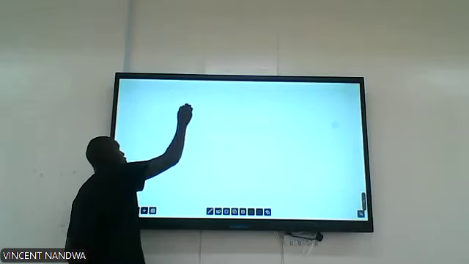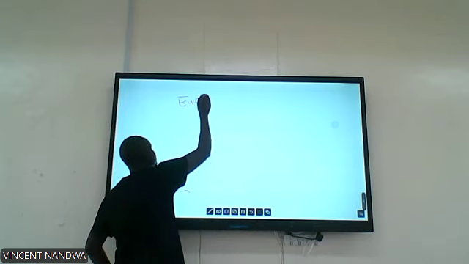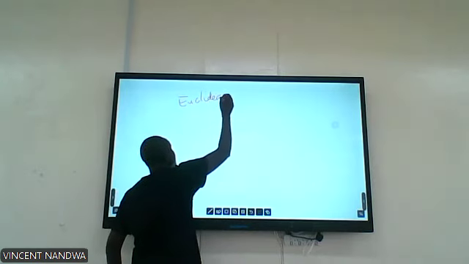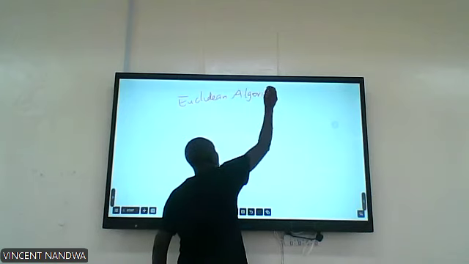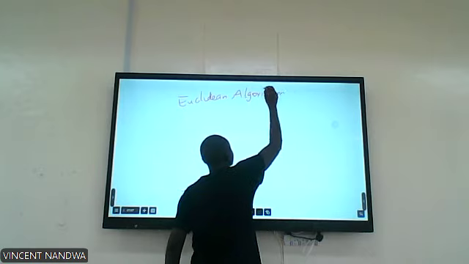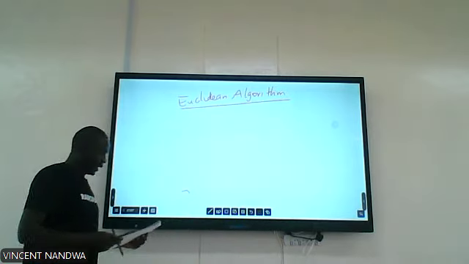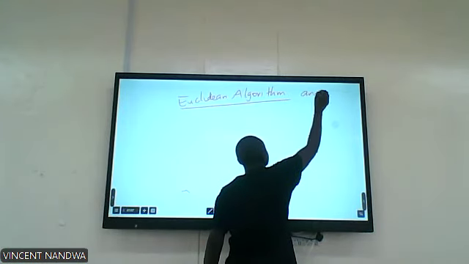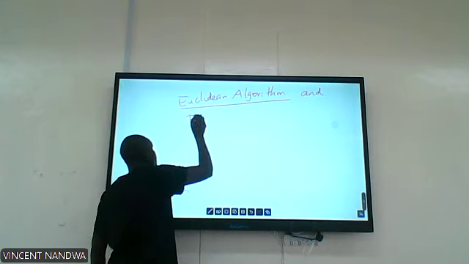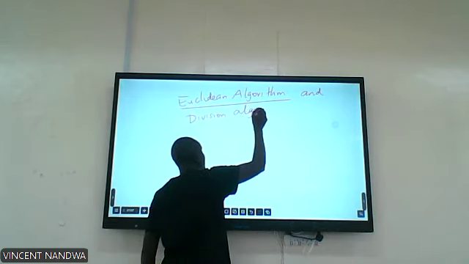Still under divisibility, there's what we call the Euclidean algorithm, or division algorithm.